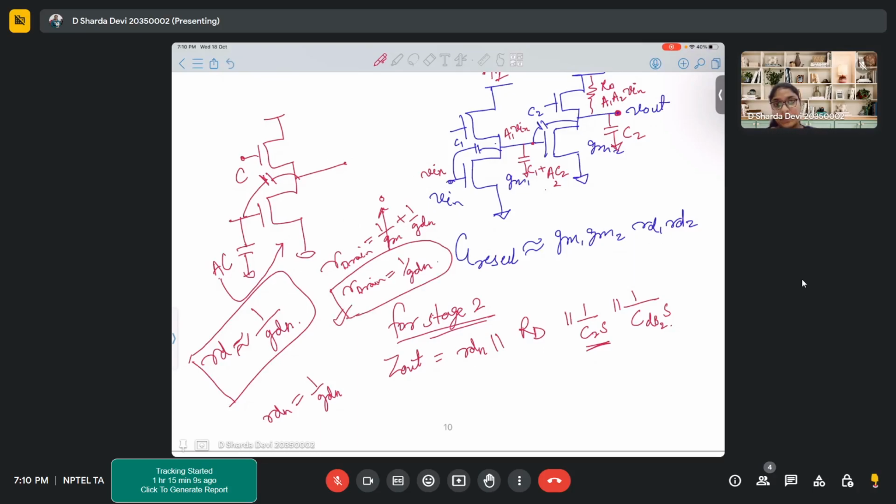At times it gets confusing because of the external resistance RD in the drain circuit, from VDD to RD and the drop across RD, and the small RDN.